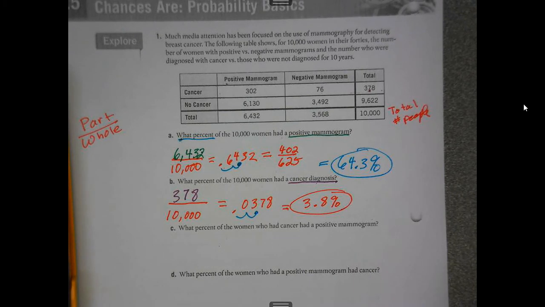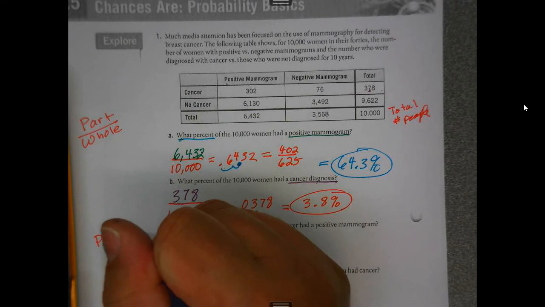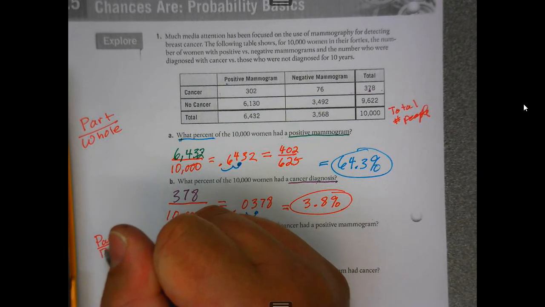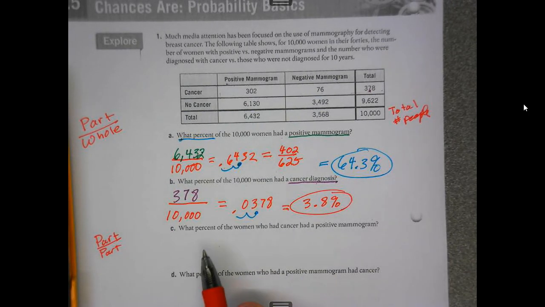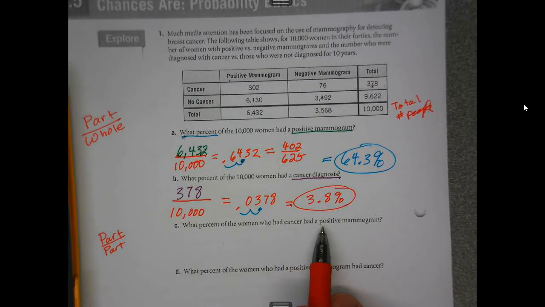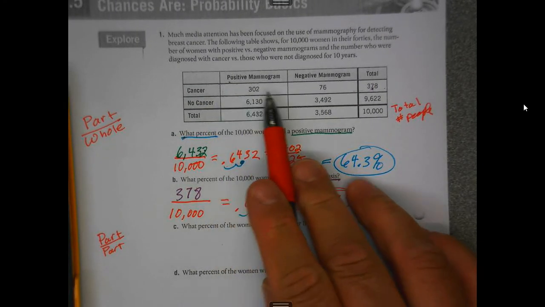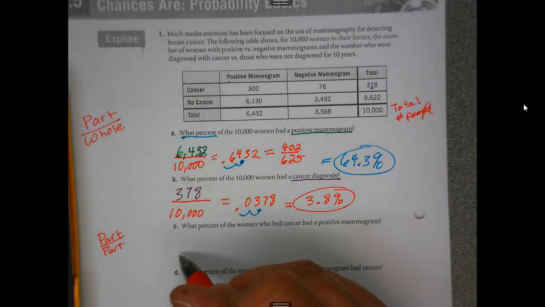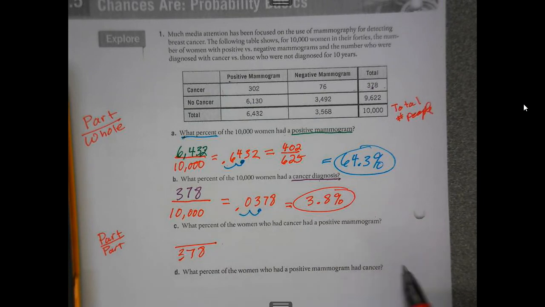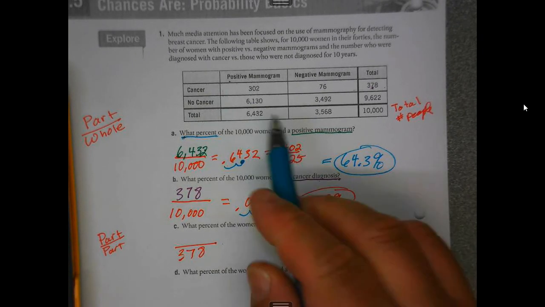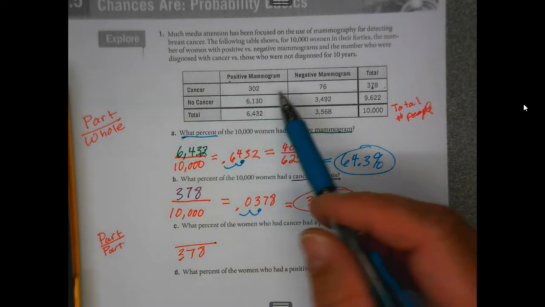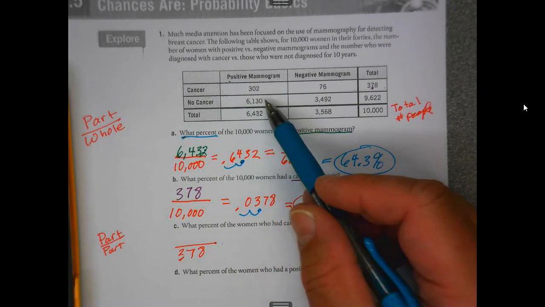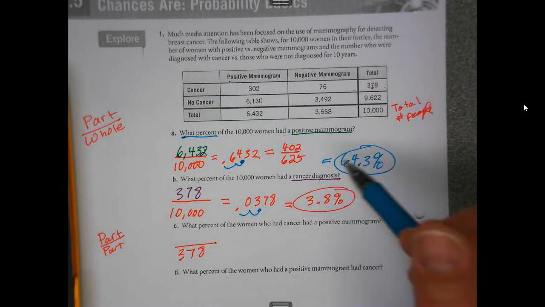So what percentage of women who had cancer, the total that had cancer was 378, had a positive mammogram? Out of that 378 that had cancer, that included the 76.